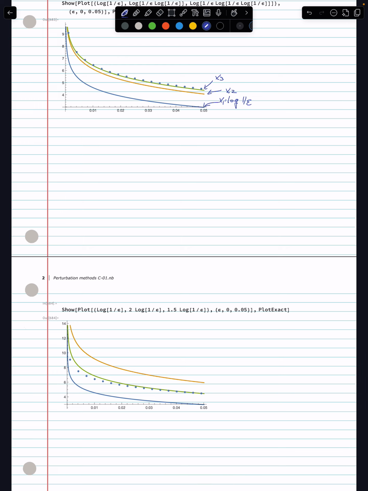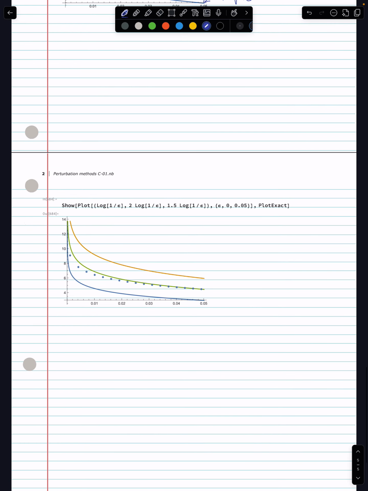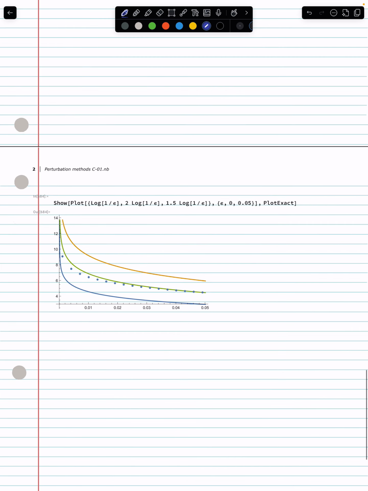Okay, and so finally, what we have here is a comparison between x1, which is the log of 1 over epsilon, and twice x1, which is now in orange over here, and the average between these two quantities.